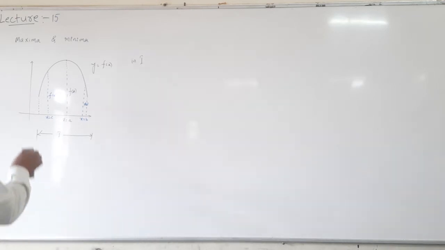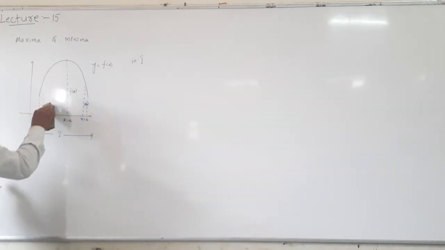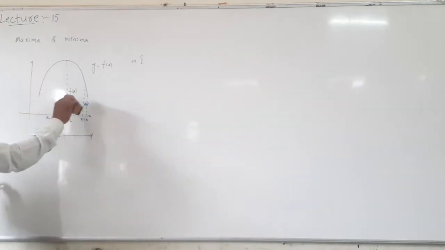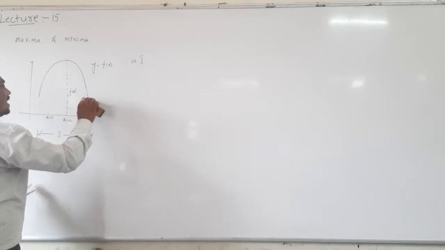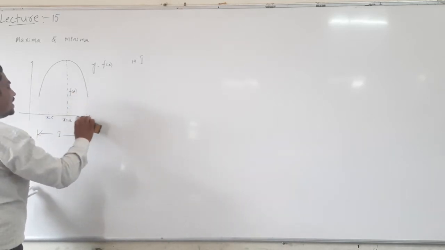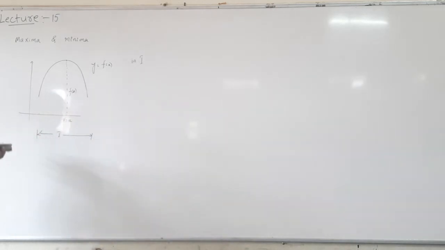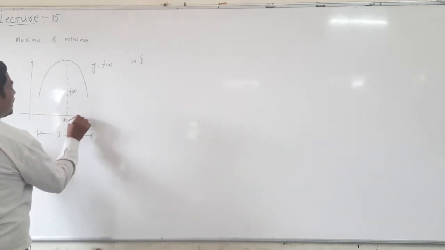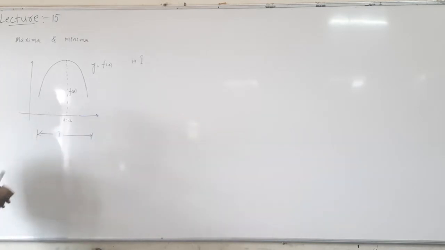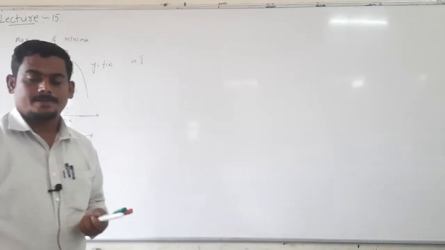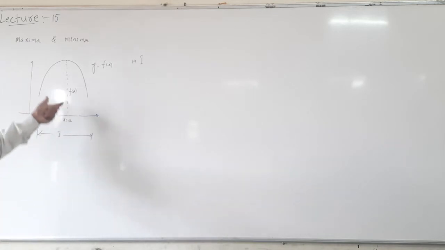If all the remaining functional values are less than f of a, then we can say that f of a is the maximum value of the function. Just look at this graph.